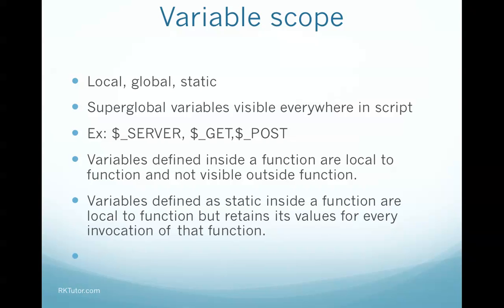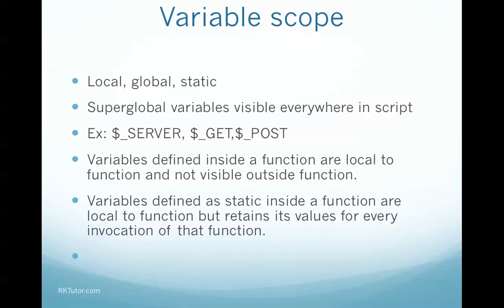Super global variables are visible everywhere in the script. For example, you have $_SERVER, $_GET, $_POST. These are a few super global variables that are always available to you. These are system defined variables, that's why they are super global variables.